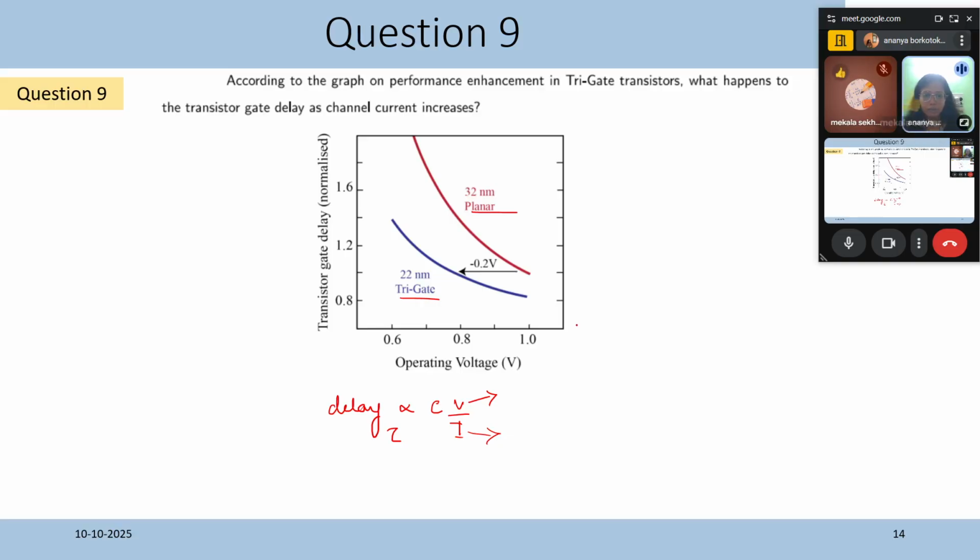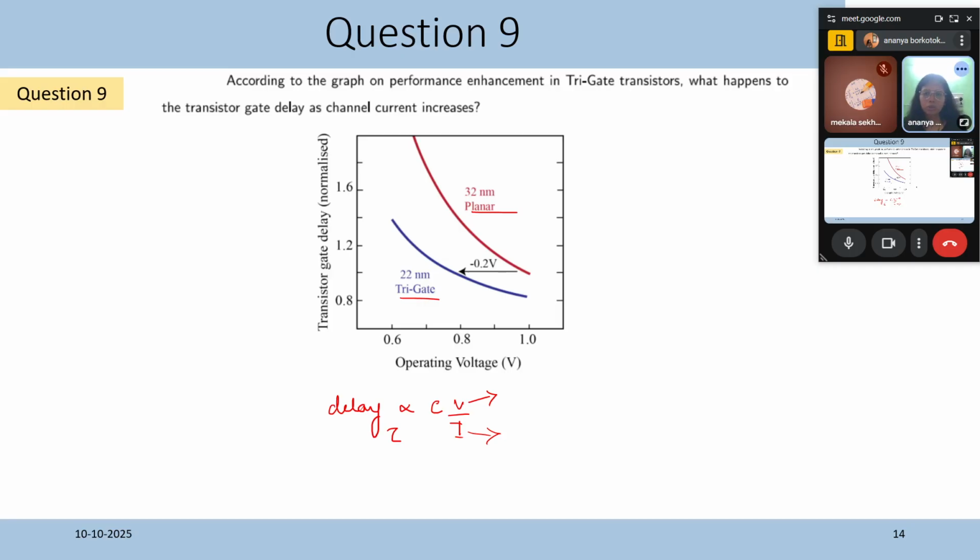In the graph it is not given, but there is an increase in current because of the more gate control. VGS can create a proper channel that can be turned on and off based on the gate voltage, not due to the charges or other kinds of secondary phenomena.